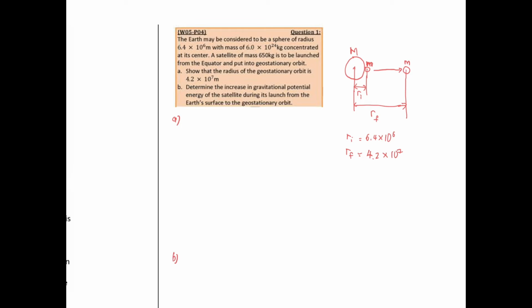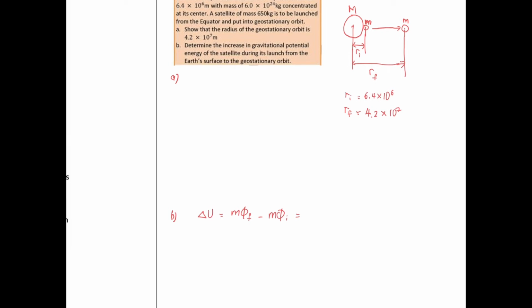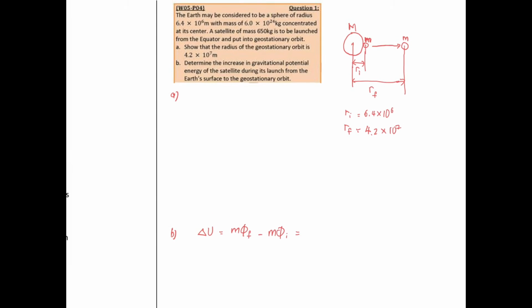So now part B, they want you to determine the increase in gravitational potential energy. So how? We just use delta U equal to m phi final minus m phi initial, where m is the mass of the satellite. Let's say I just put everything in formula first.